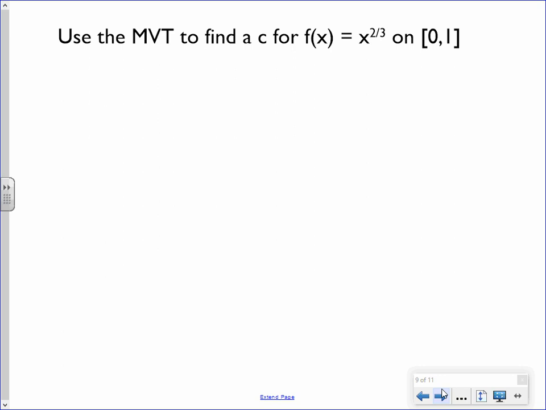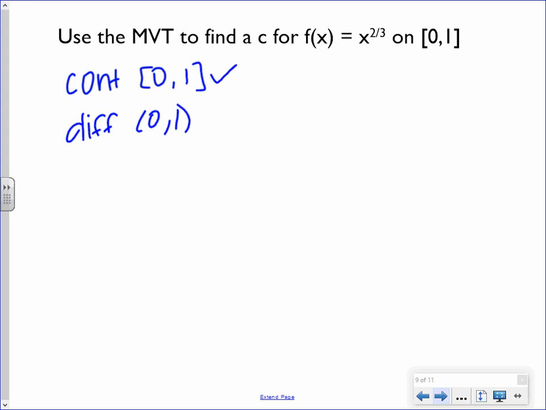Okay, so we want to use the mean value theorem to find that value in the interval of 0 to 1 that meets the stipulations of the mean value theorem for x to the 2/3. So first, let us consider, okay, this isn't polynomial, so it isn't an automatic for us. Are we continuous on the closed interval and differentiable on the open interval? Are we continuous?